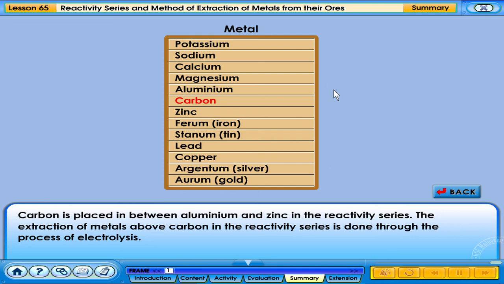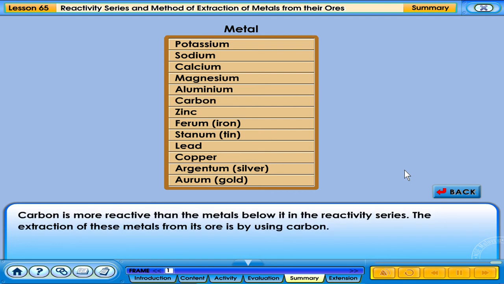The extraction of metals above carbon in the reactivity series is done through the process of electrolysis. Carbon is more reactive than the metals below it in the reactivity series. The extraction of these metals from their ore is by using carbon.